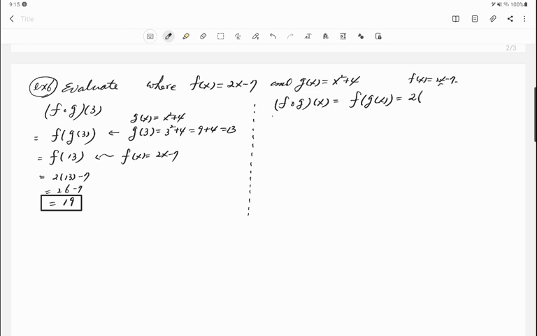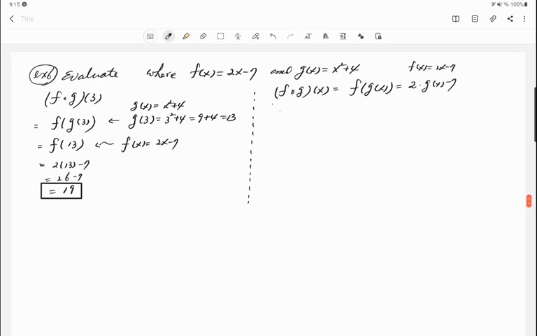So that equals 2 times g of x minus 7. What's g of x? x squared plus 4, minus 7. Keep going. 2x squared plus 8 minus 7. So 2x squared plus 1. So this is f circle g of x, which is equal to 2x squared plus 1.